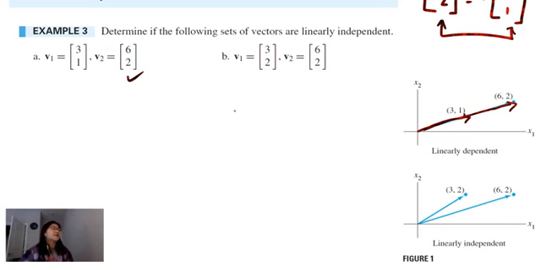So those two are in the same direction. And then 3, 2, and 6, 2, those are going in different directions. So these are linearly independent.